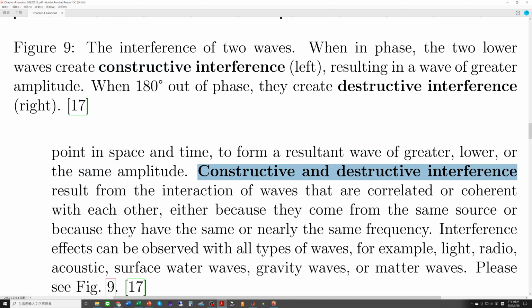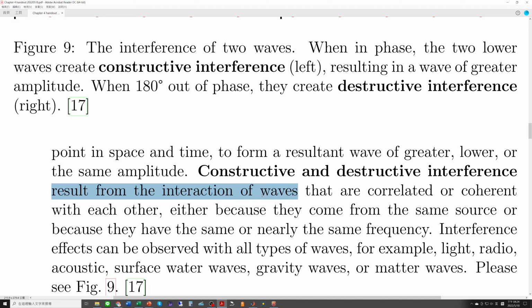Constructive and destructive interference result from the interaction of waves that are correlated or coherent with each other. Okay, if you have taken the course Digital Communication, I think you should have learned the coherent detection or the coherent detector.